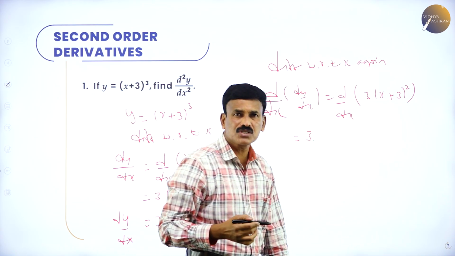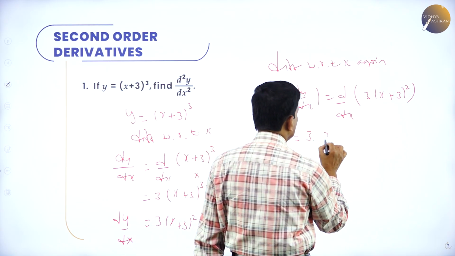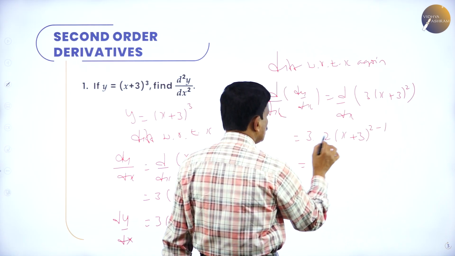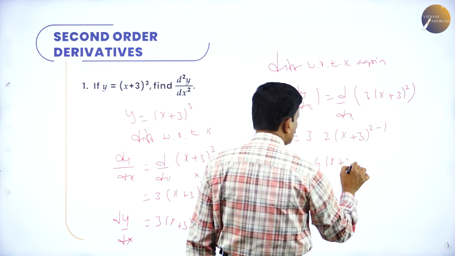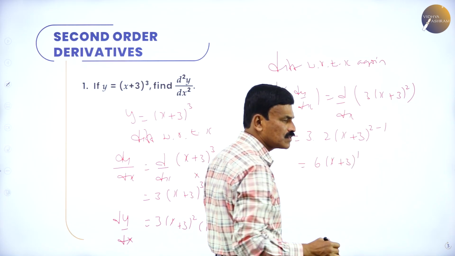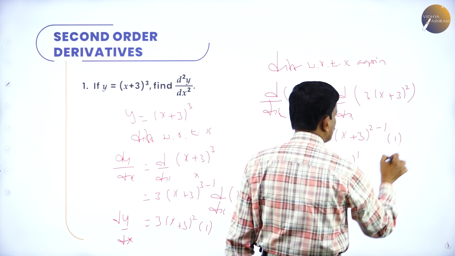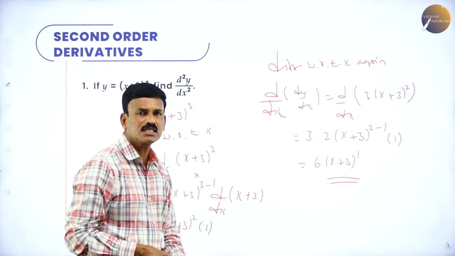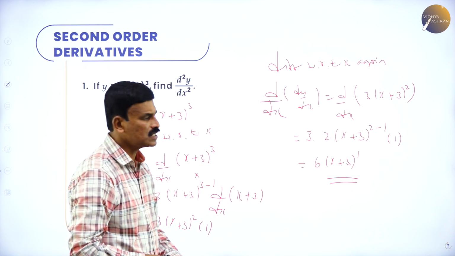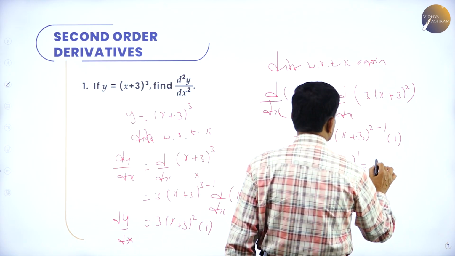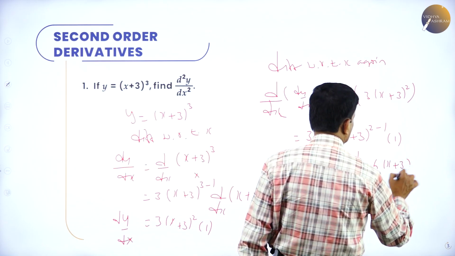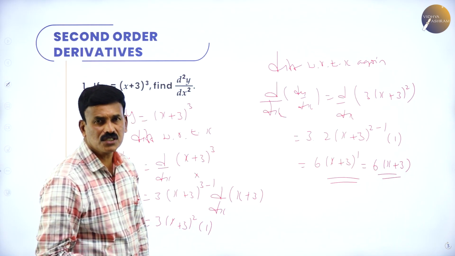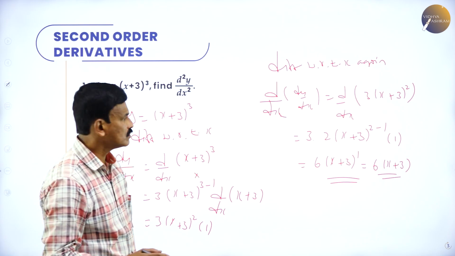This is f of x to the power of n, where n is 2, so 2 into (x plus 3) to the power of 2 minus 1. 3 twos are 6, (x plus 3) to the power of 2 minus 1 is 1, and the derivative of x is equal to 1. That's it. So the required answer is 6 times (x plus 3) to the power of 1, that is nothing but 6 times (x plus 3). This is how we get the second derivative for the given function.